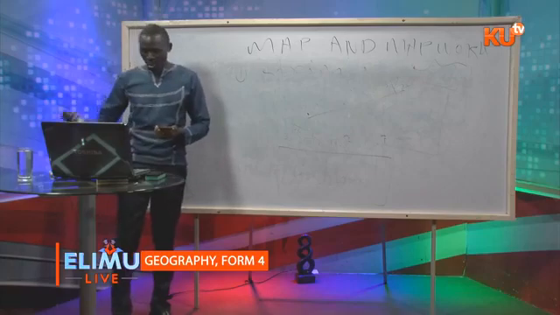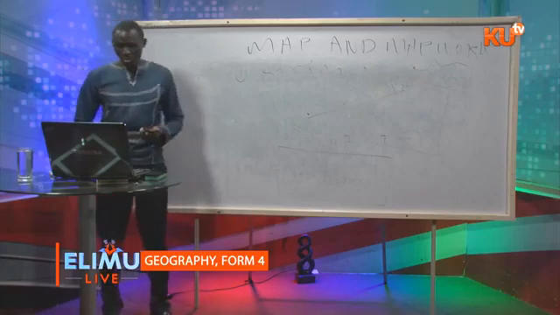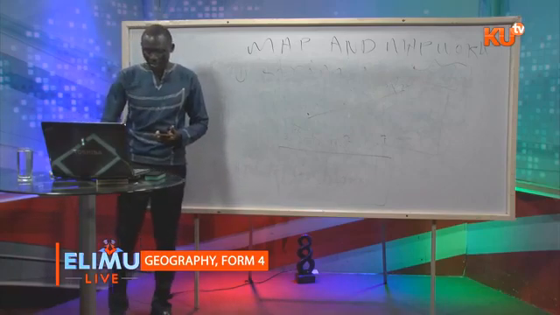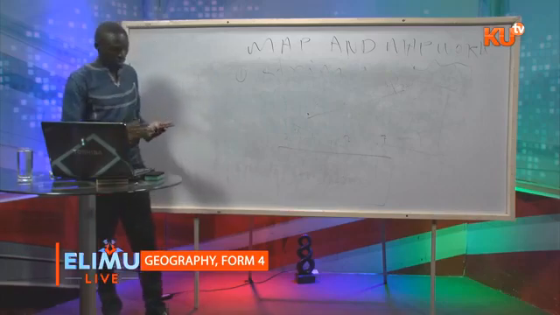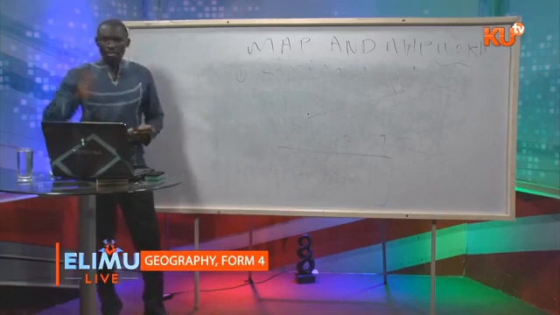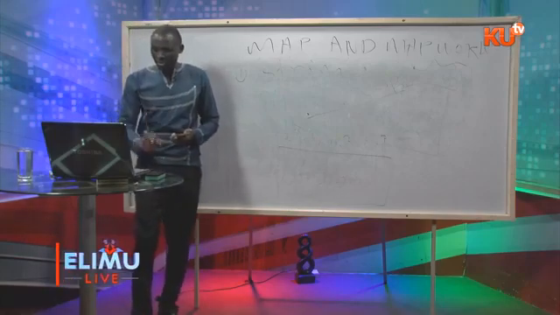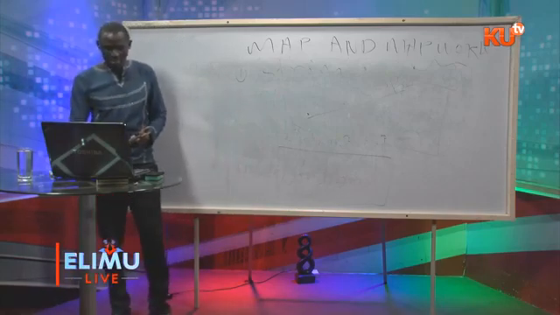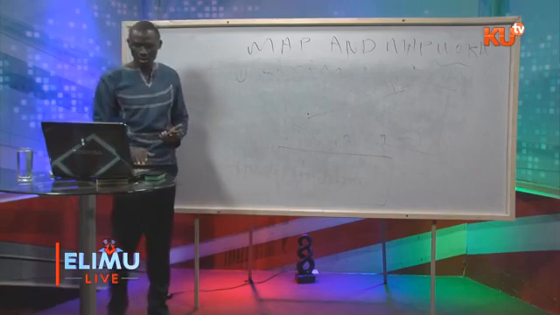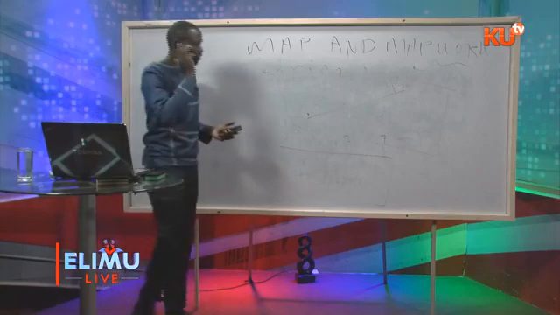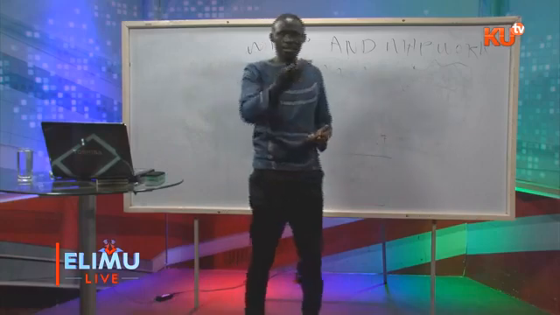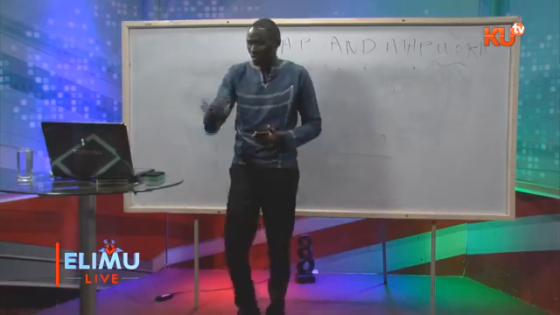These are selected maps that show the physical and human features in an area and their position on the ground, and they are drawn to a scale. For example, a topographical map may show a village, a hill, a mountain, a forest.